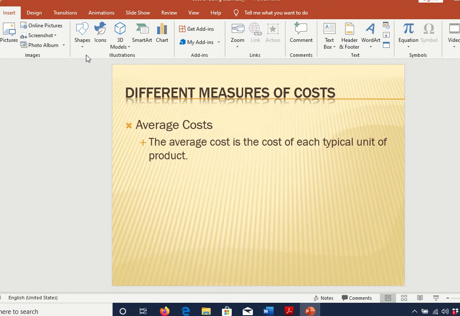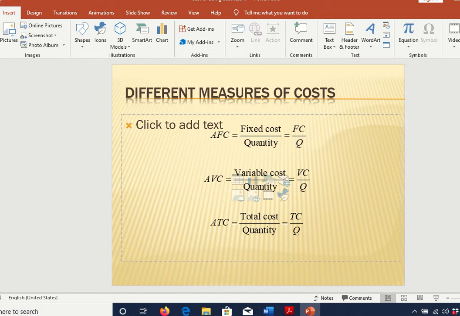The average cost is the cost of each typical unit of product. So how much does it cost to make or produce or sell one unit of that product? That's the average cost. When you break down the average cost into components, we can have average fixed cost, which is the total fixed cost divided by the quantity of output.